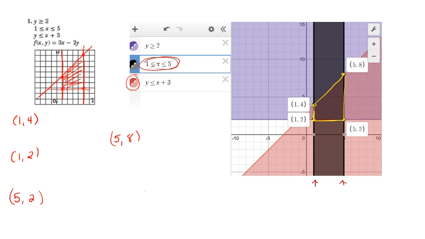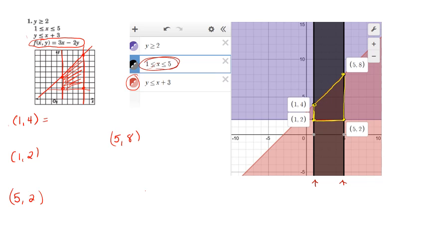And what I'm going to do, this function is not part of the graphs that you use. If you notice, the inequalities are what I graph over here. This function is what I'm going to substitute my ordered pairs into. So basically I'm going to find f of (1, 4).